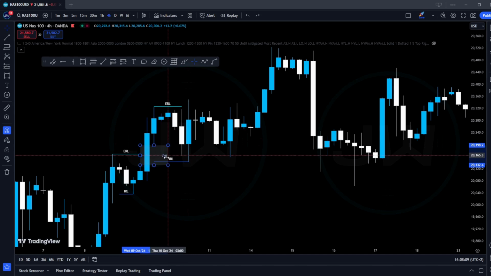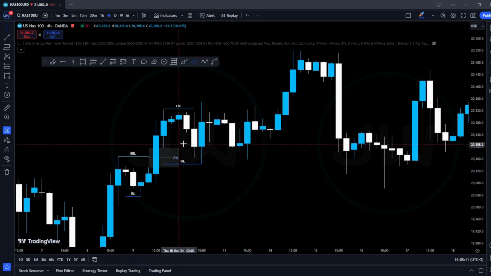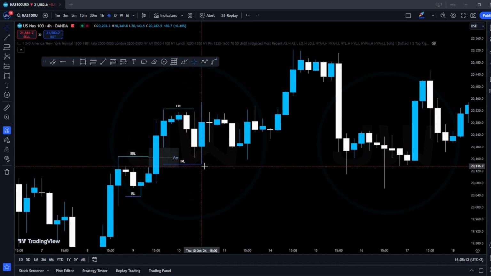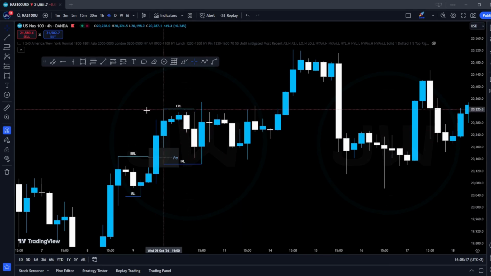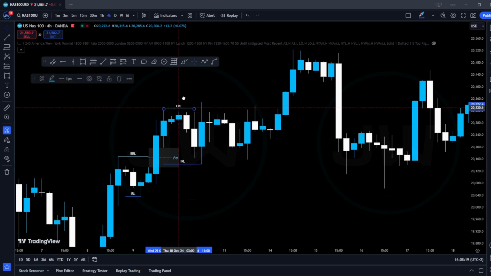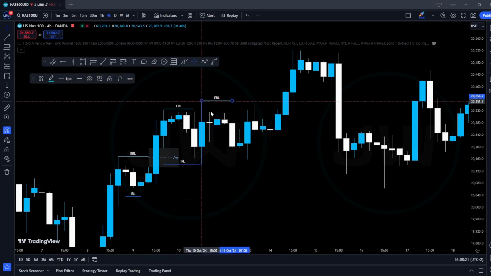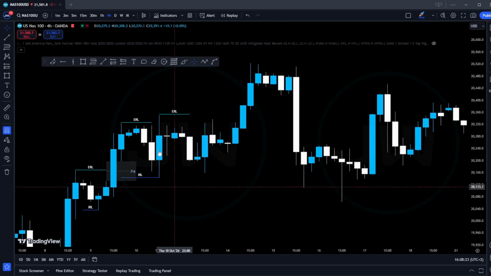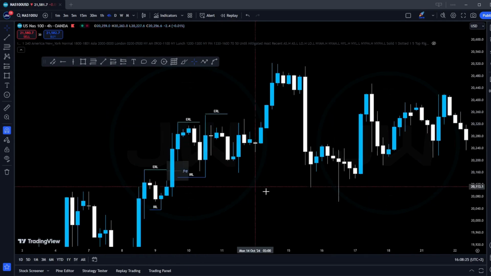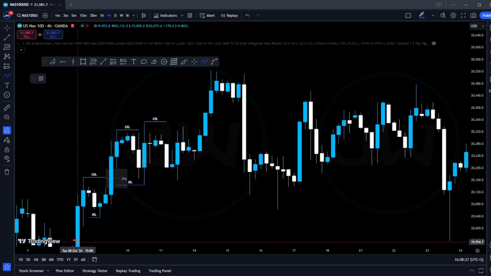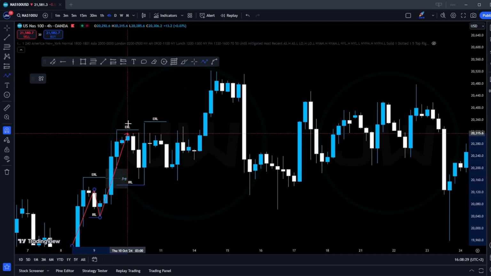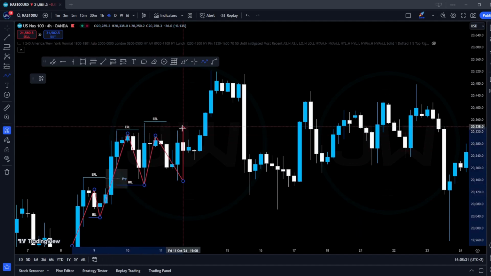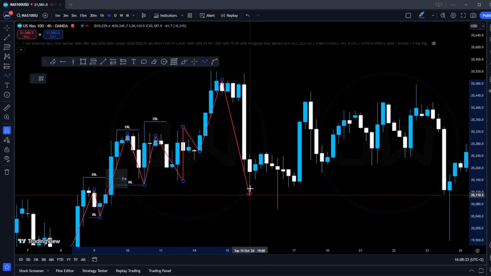Excuse me, my selection is horrible. Moves externally to internally, and then what happened? This candle right here took out this external high, and then what? We moved internally. But it's a simple example of price moving up and down in this zigzag pattern, as you can see.